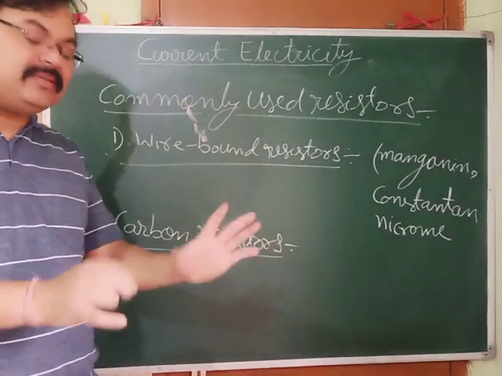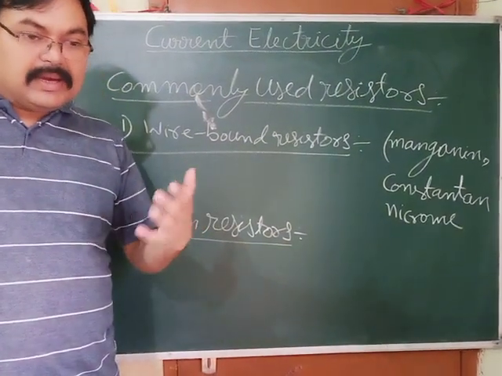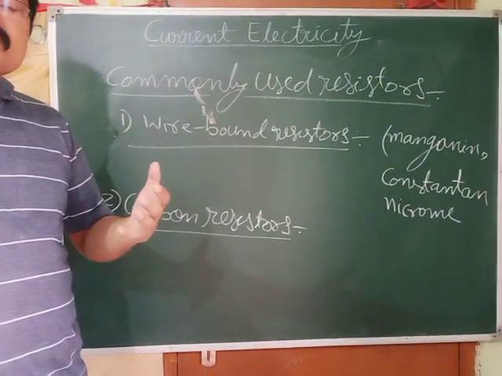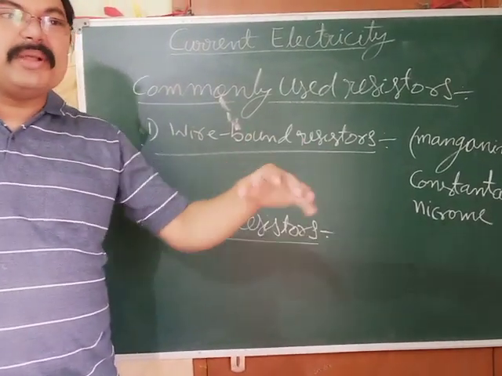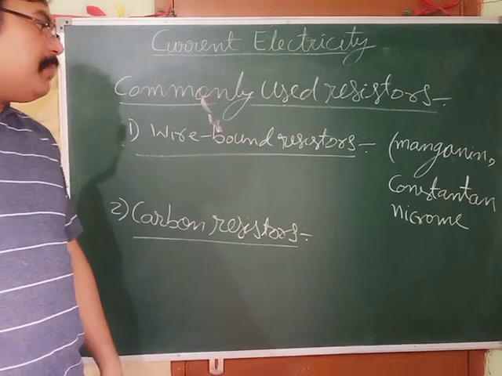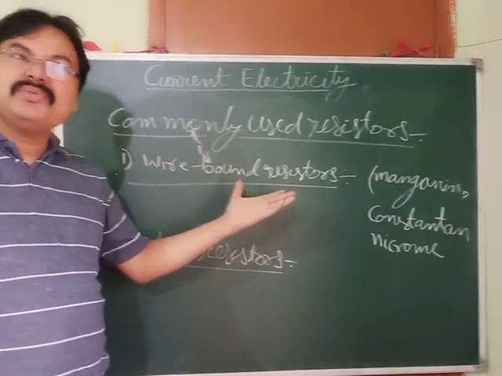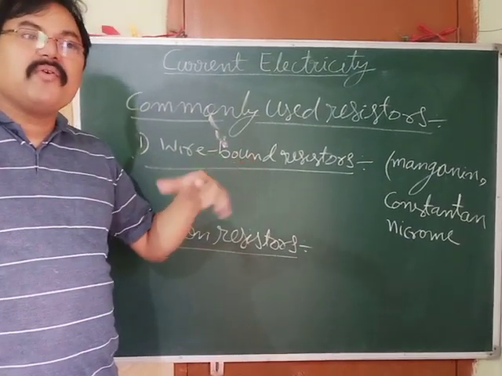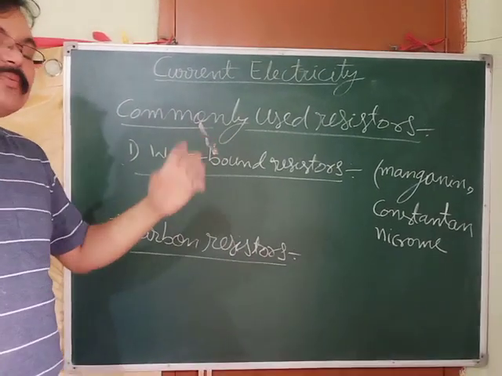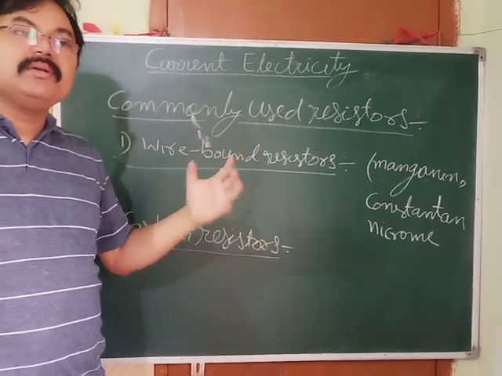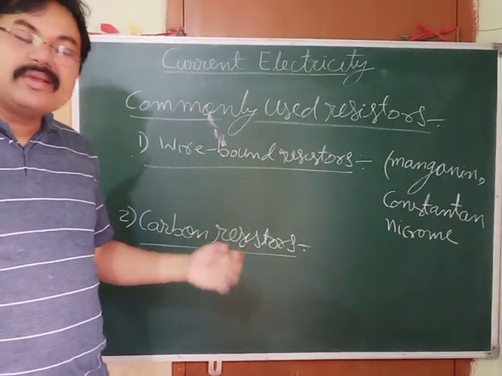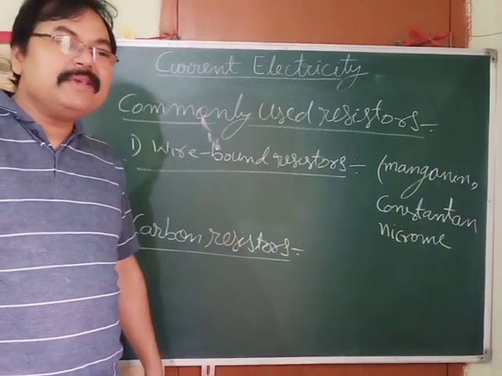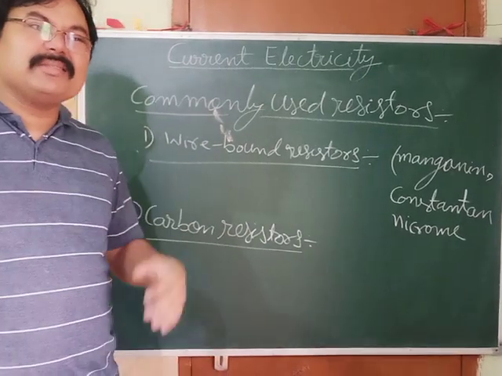See, what does it mean? Generally, we know that the resistivity and the resistance depend on temperature. So if there is a change in temperature, the resistance will change. But we require these resistors in places where, when current flows through them, they get heated up and become red hot, like the filament of a bulb.